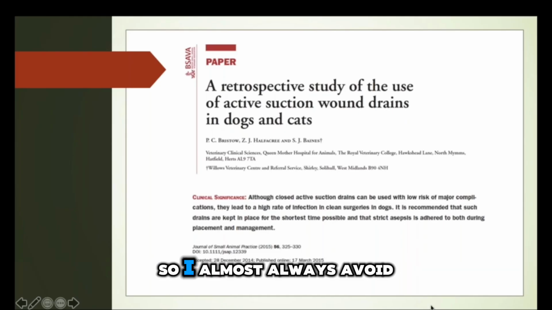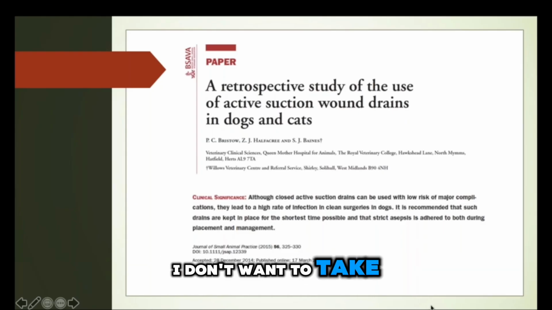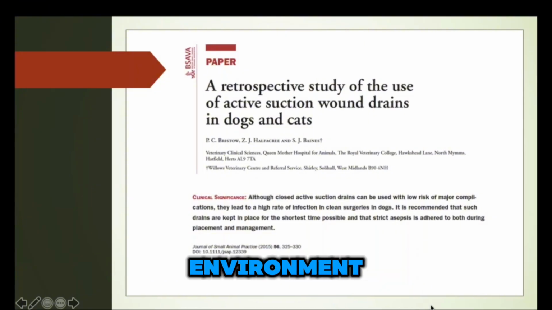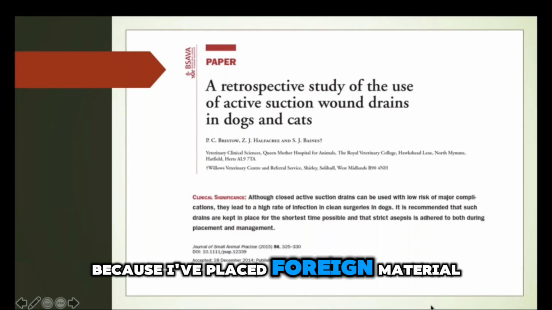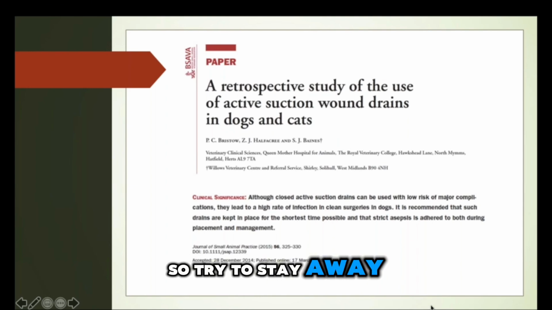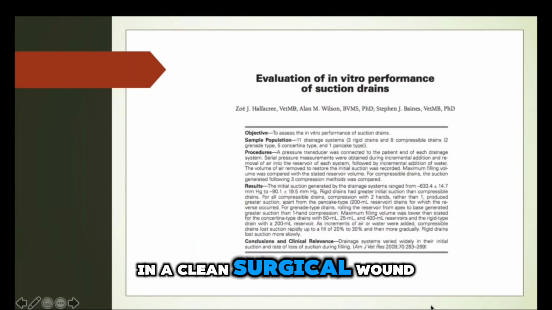So I almost always avoid placing drains in even these large mass removals. I don't want to take a large mass off, have this really large incision, and then create a perfect environment, because I've placed foreign material in here, for even the skin bacteria to get in and lead to a giant abscess. So try to stay away from drains of any kind, closed suction or open passive, in a clean surgical wound.